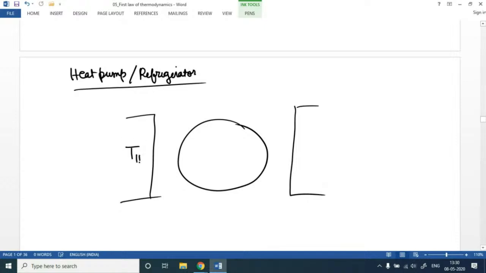Let's say the temperature of the hot reservoir is constant at TH and the cold reservoir is constant at TC. The only difference from the heat engine is that this unit extracts heat at lower temperature, let's say Q2, and releases heat at higher temperature, that would be Q1.